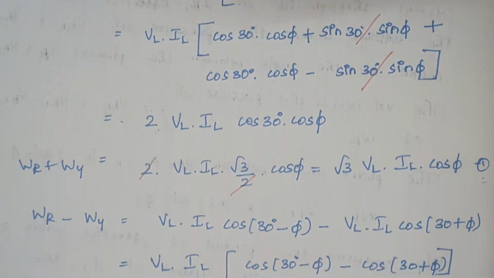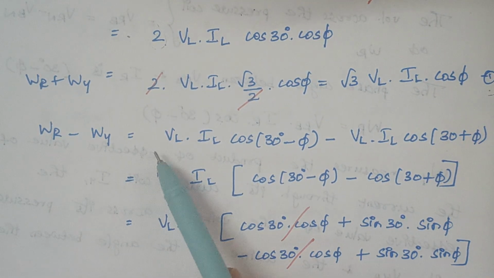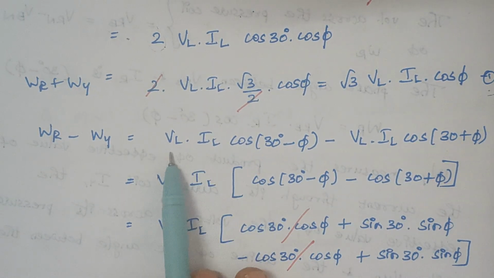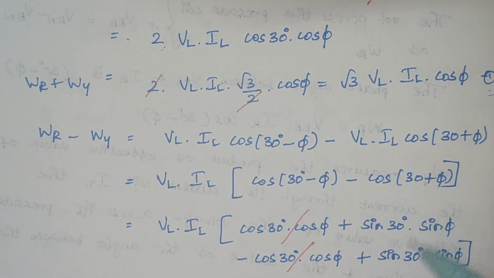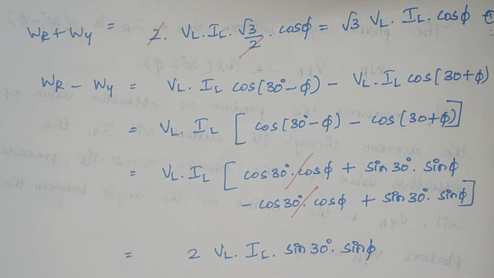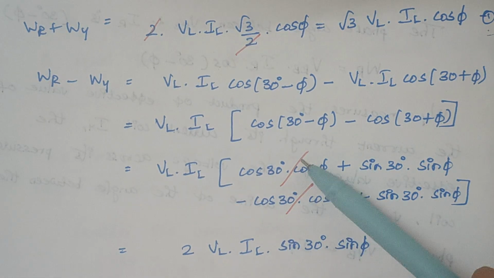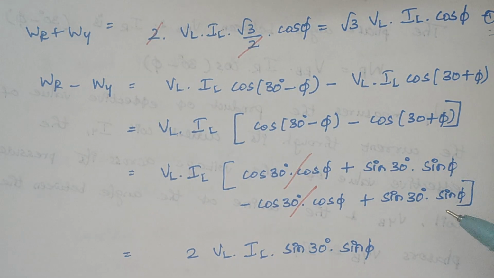The next thing is we are going to subtract these two values. So WR minus WY, again just substitute. Here VLIL is common. The remaining terms are cos 30 minus phi minus cos 30 plus phi. Again we expand using the formulas cos A plus B and cos A minus B. When you expand, these two terms cancel each other and these two terms are similar, so we can add.